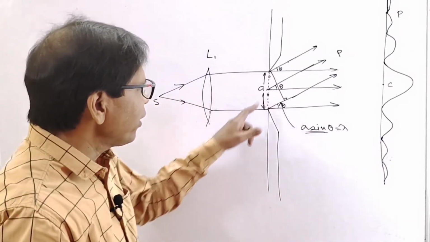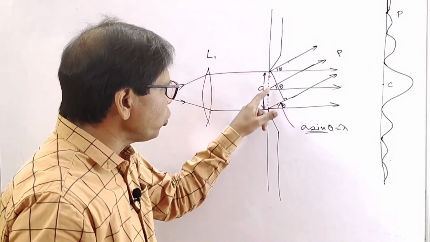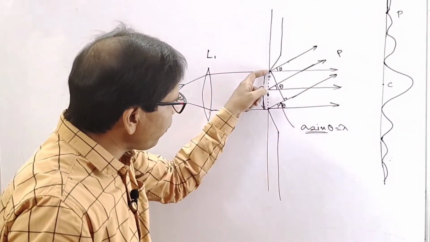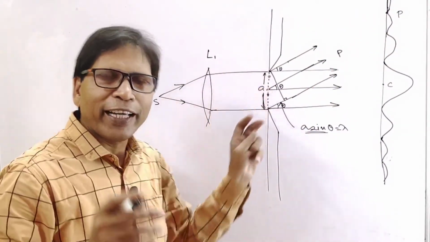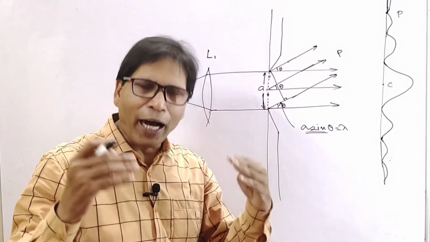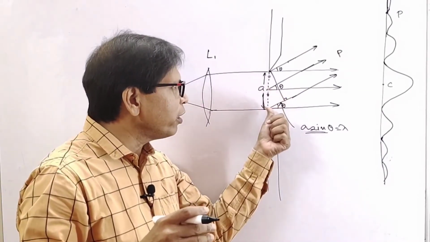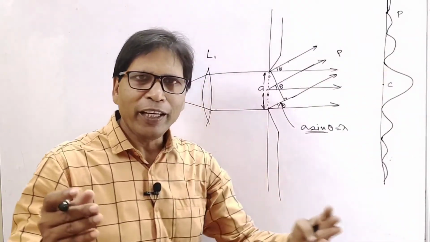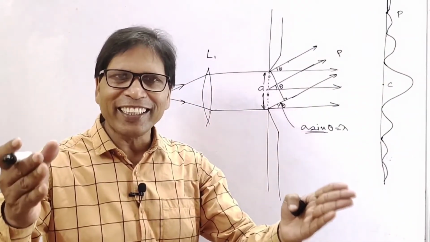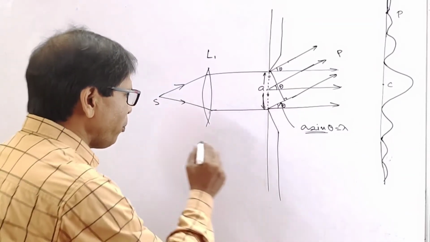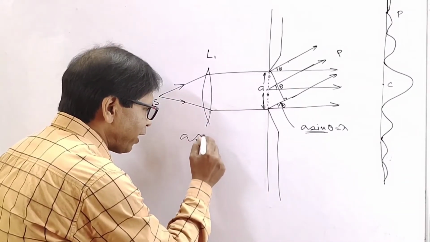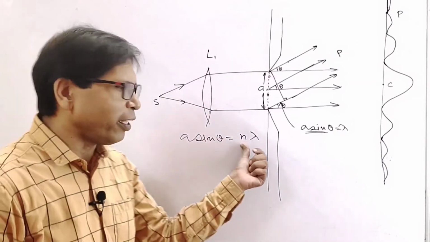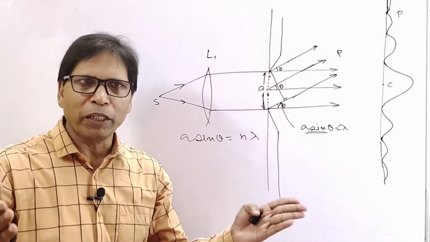So the two wavelets from this point to this point cancel at the point P. In the same way, all the points of this half cancel out with the corresponding points of the other half. So at the point P minimum intensity occurs. So the condition of minima is a sin theta equals n lambda, where n is the order of the minimum.